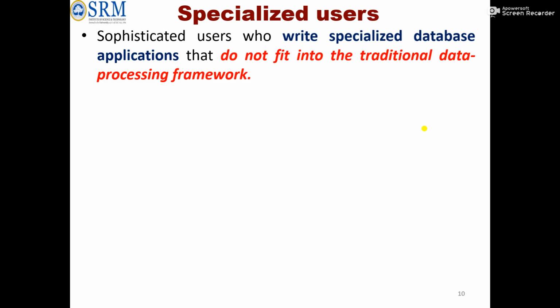And then the final type of users, the fourth type of users, is called specialized users. Right? These specialized users are also called sophisticated users. They write specialized database applications.